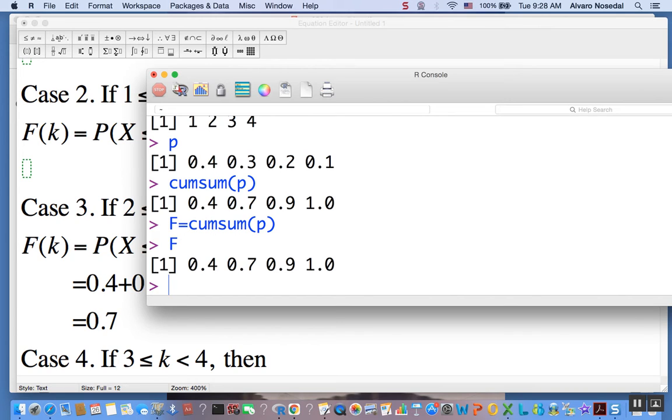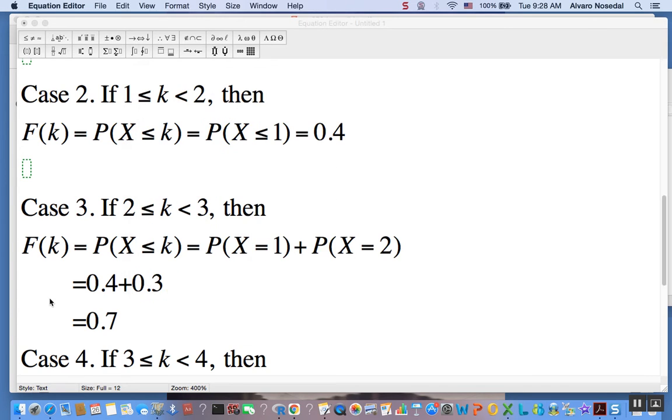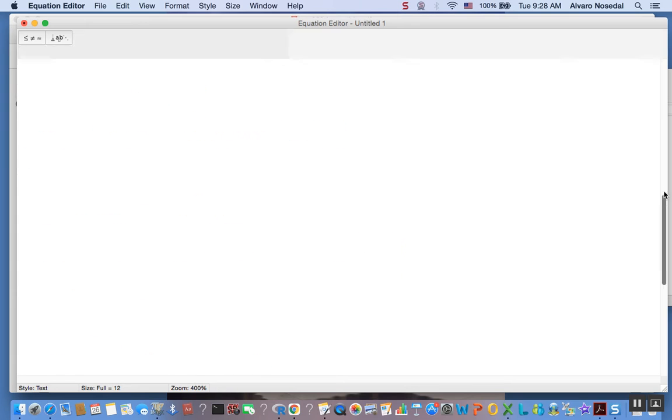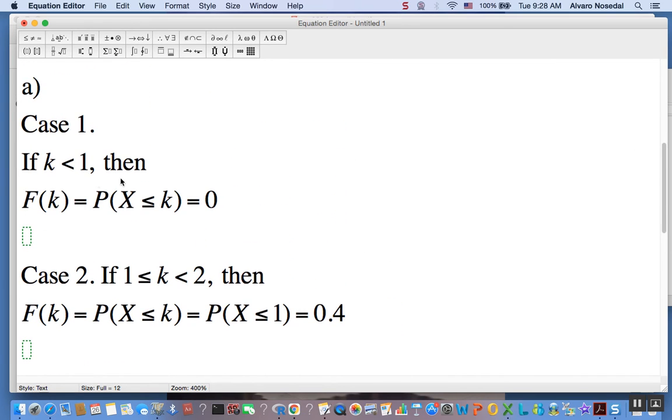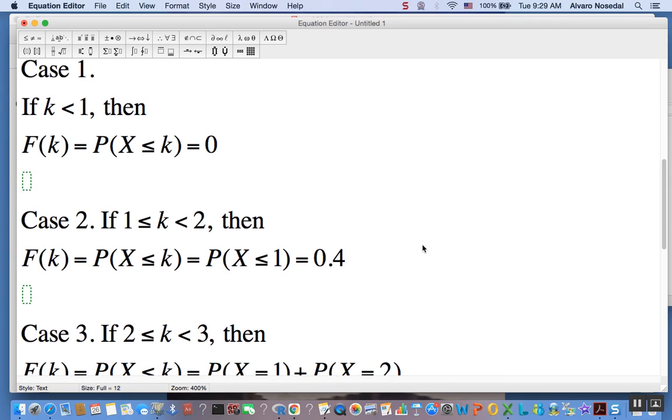Okay. And now let's make that graph. So note something interesting. You have that if k is less than 1, you have 0. Okay, so you have a flat line if you have a k that is less than 1. Then once you hit k equals 1, you're going to have another flat line, 0.4.